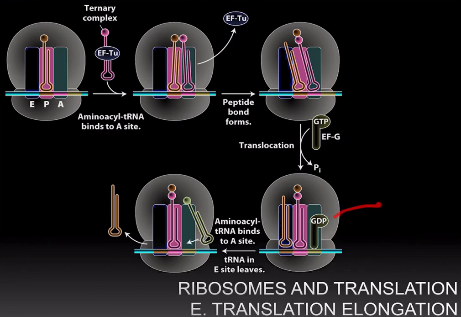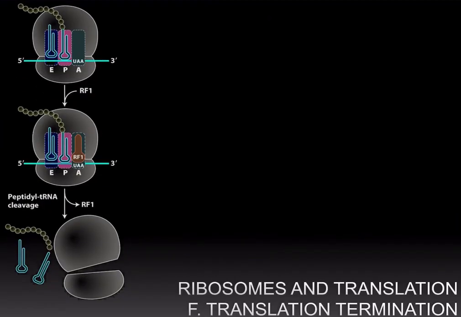At this point, EF-G leaves the A site, and the ribosome is ready to accept a new charged tRNA in the A site. And once EF-Tu brings in the next charged tRNA, the uncharged tRNA in the E site leaves the ribosome.